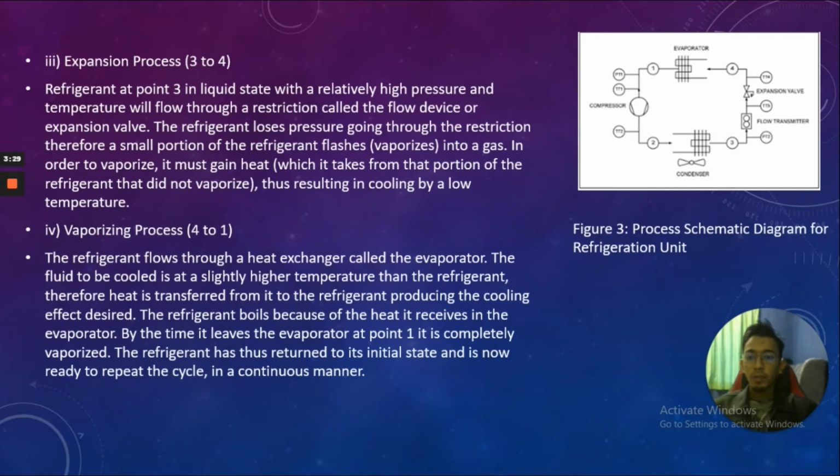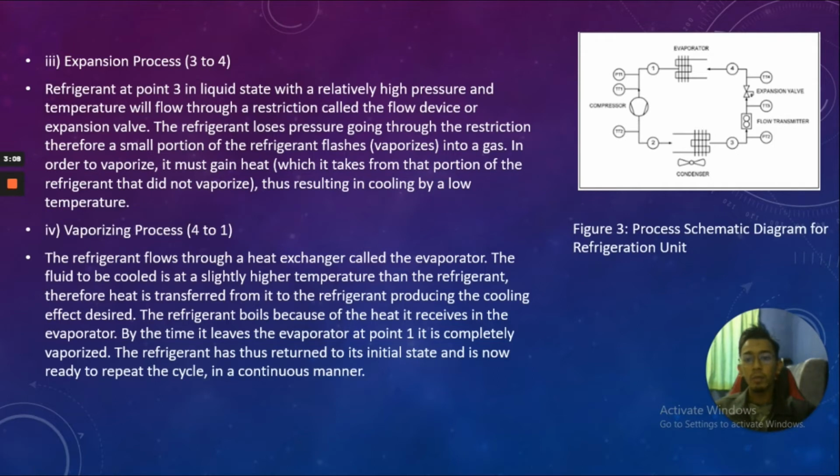the expansion process, which consists of 3 to 4, in which the refrigerant at point 3 in liquid state with a relatively high pressure and temperature will flow through a restriction called the flow device or expansion valve, and the refrigerant loses pressure going through the restriction.